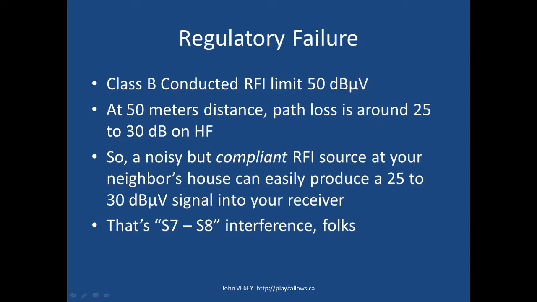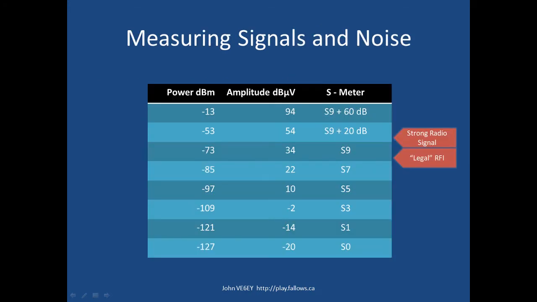So you're really on your own when it comes to dealing with these kinds of challenges. And this sort of shows the various relationships between signals and noise measurement, that a strong radio signal that would be an S9 is really just barely above the legal limit that could be coming from your neighbor 25 to 50 meters away. So forget about getting any help from regulators. You've got to deal with these problems yourself.